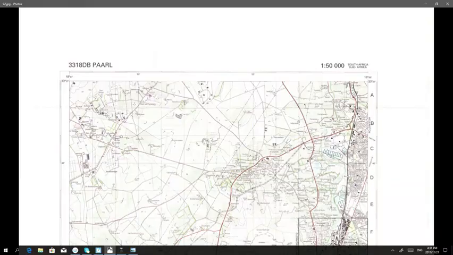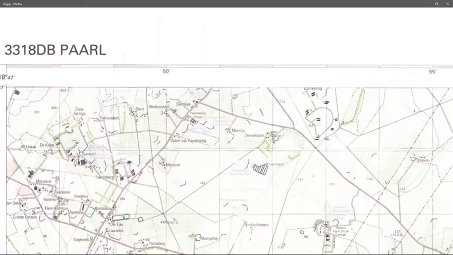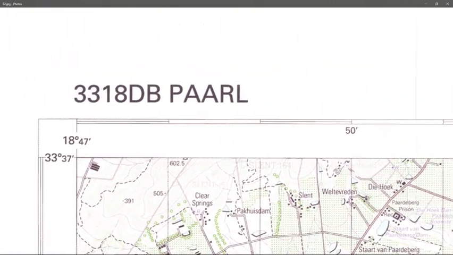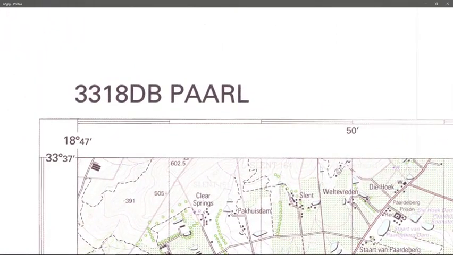Now, a lot of information and clues you can get from the type of map that we use. If we look at this map over here, the map that we're going to use today is the Paarl map. So on your top left hand side corner, you've got the name of the map.